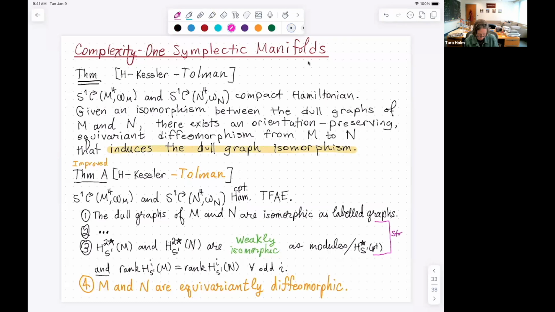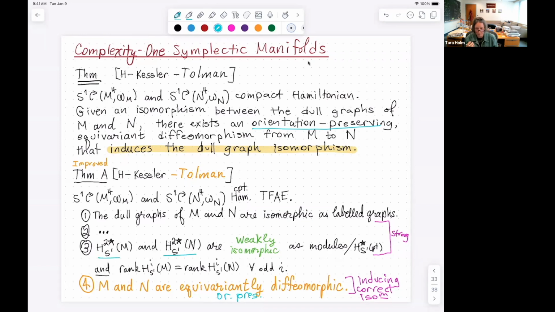So this is in some sense strong, so you can actually find the right thing. And again, this is strong. You can find inducing the right isomorphism. And let's see, so here the other piece is that we have orientation preserving. In the cohomology, these are statements about equivariant cohomology, statements 2 and 3.